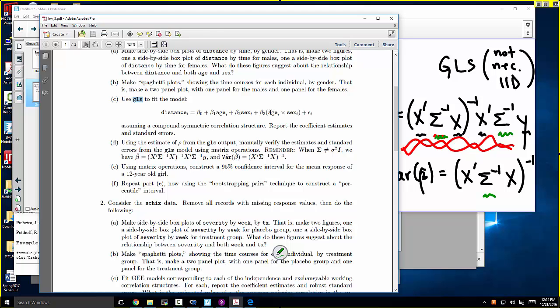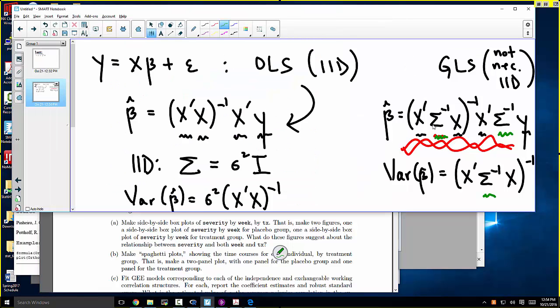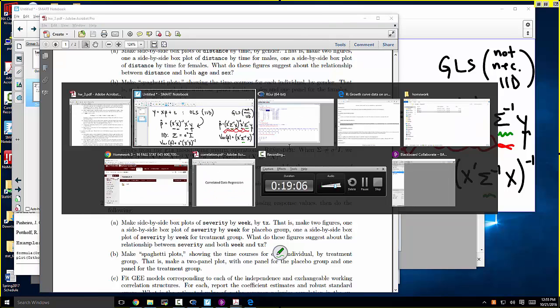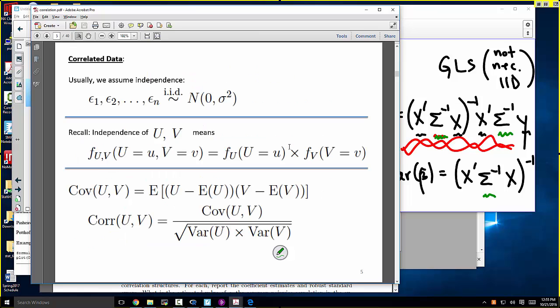What we do with the GLS syntax is we have to say something about how to handle this capital sigma matrix. And the way we do that is typically we pick from a handful of predefined structures of covariances. So let me pull up our notes real quick to show you what I mean by structures.